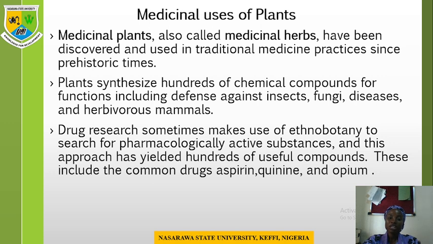Drug research sometimes makes use of ethnobotany to search for pharmacologically active substances, and this approach has yielded hundreds of useful compounds, which include the common drugs aspirin, quinine, and opium.